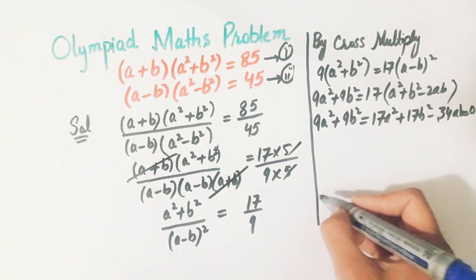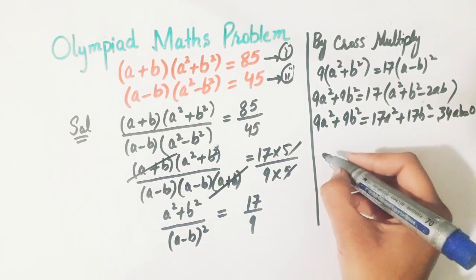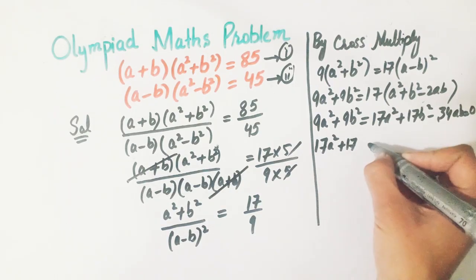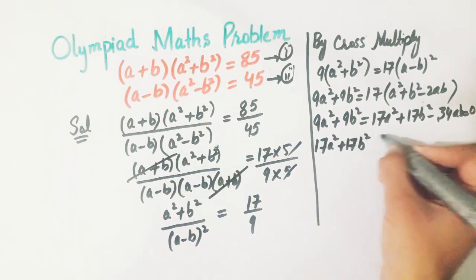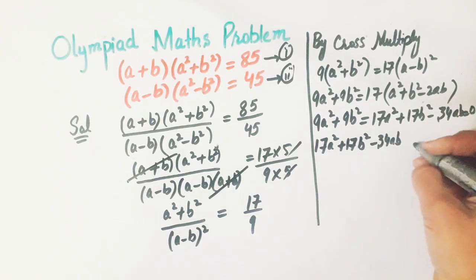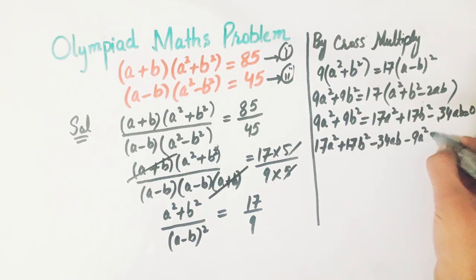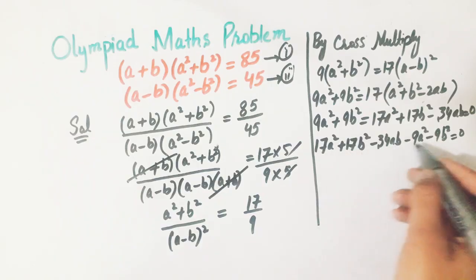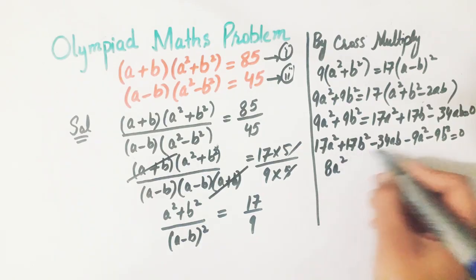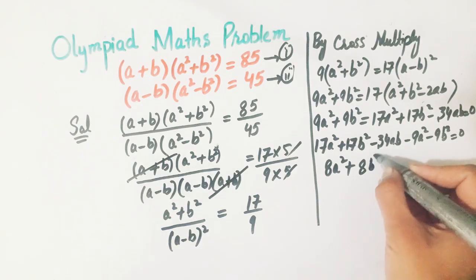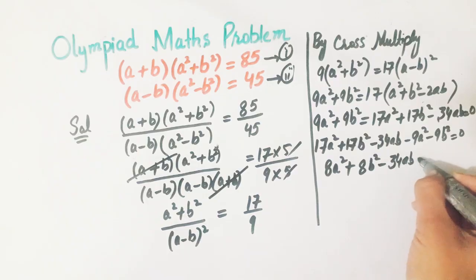Moving terms, we write 17a square plus 17b square minus 34ab minus 9a square minus 9b square equals 0. Now 17a square minus 9a square is 8a square, plus 17b square minus 9b square is 8b square, minus 34ab equals 0.